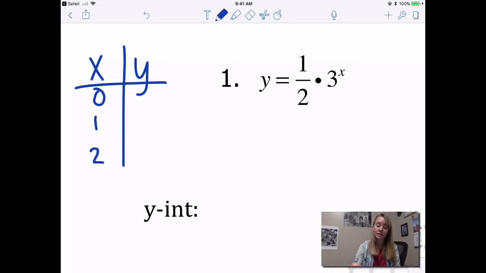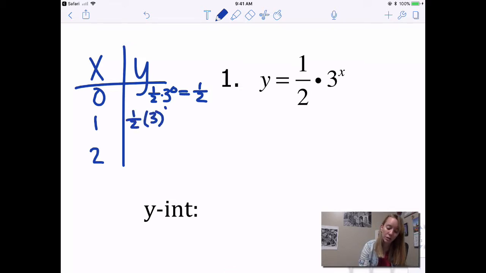When I plug in 0, I get 1/2 times 3 to the 0, which is just 1/2, because 3 to the 0 is 1. So I know that the point (0, 1/2) is on my graph. 1 gives 1/2 times 3 to the 1, which is 1.5, or 3/2. And when I plug in 2, I get 1/2 times 3 squared, which is 4.5.